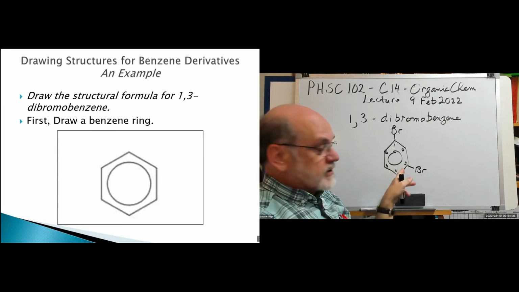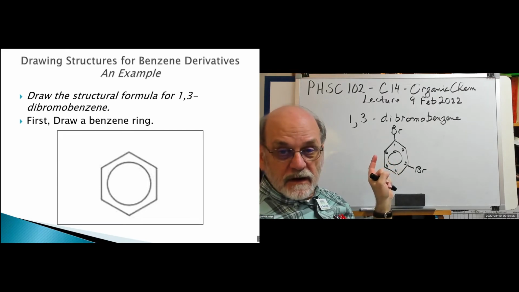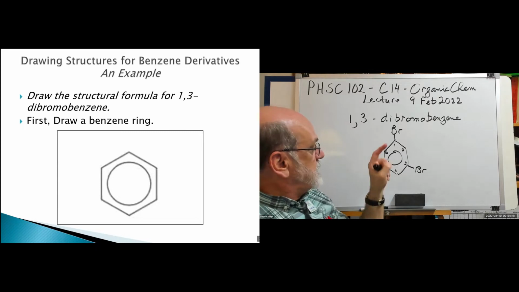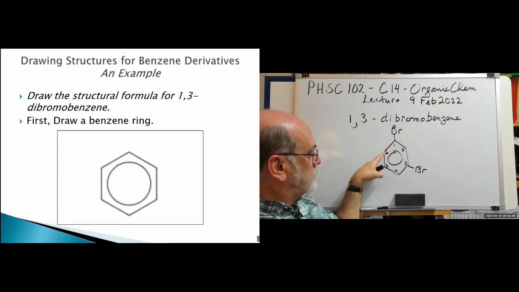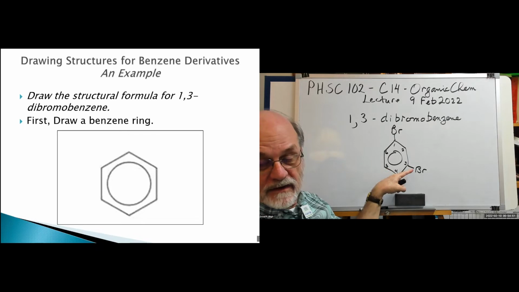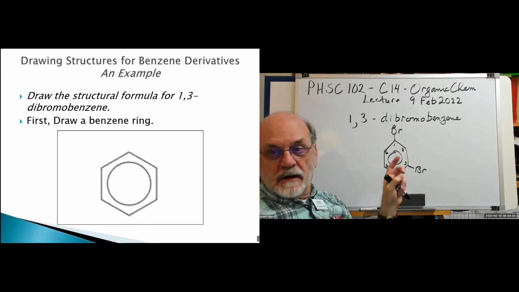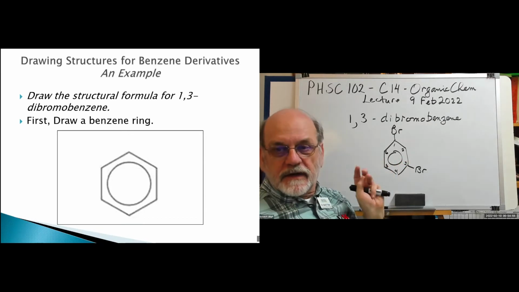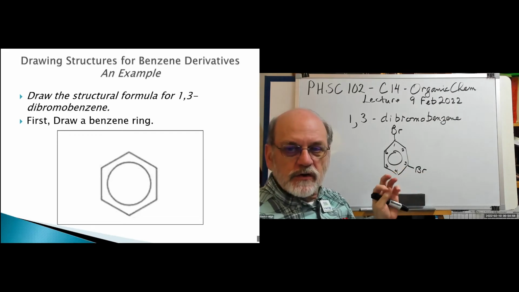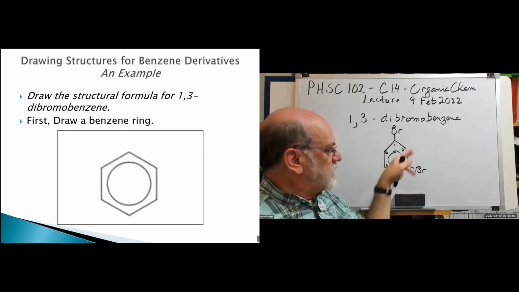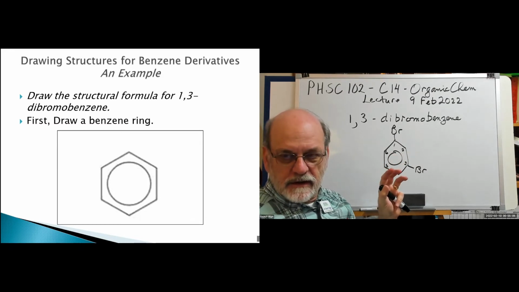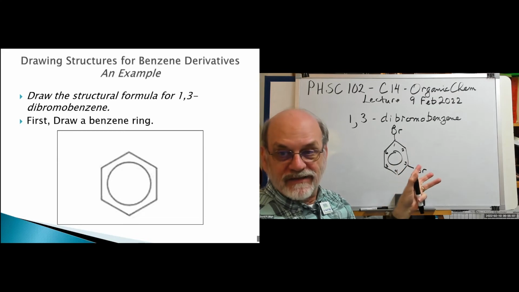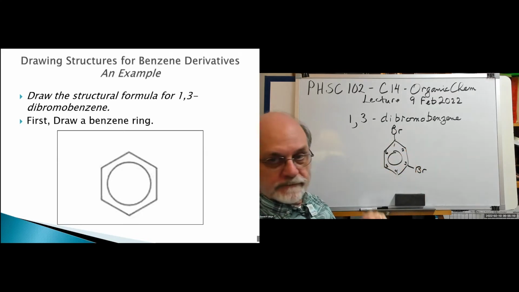Now the convention says that if you were to put these bromines here and then number the other direction, 1, 2, 3, 4, 5, 6, that would make this 1,5-dibromo. But the naming convention says you use the numbering system that gives you the smallest numbers. So 1, 3 is smaller than 1, 5. So we would number this way.